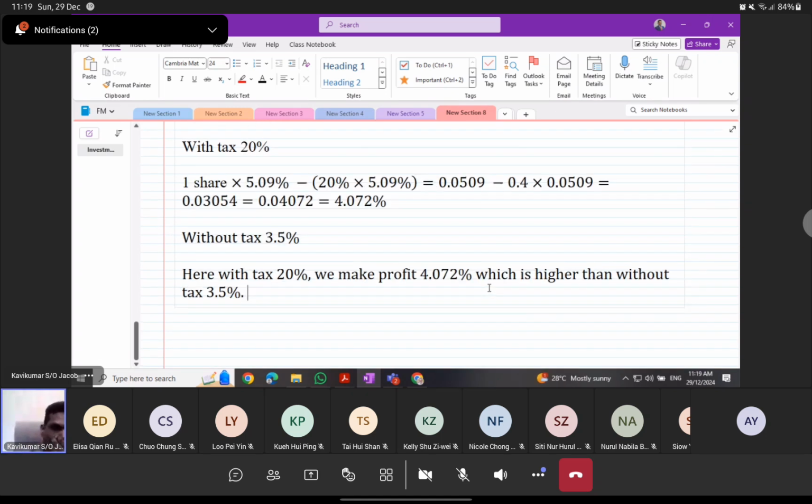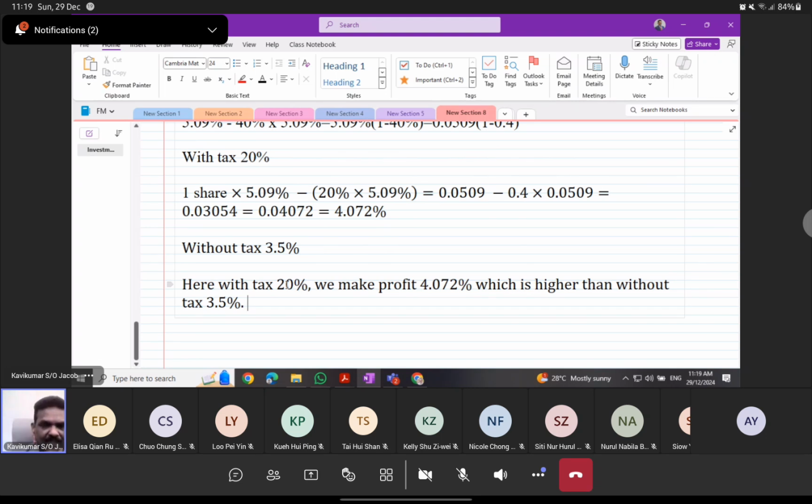So if your income tax is 20%, we can buy one share. For every share, after paying the tax, we can still earn 4.072%, which is more than without tax.